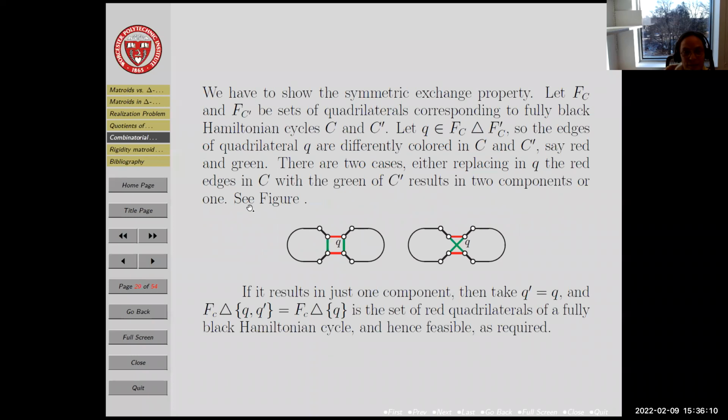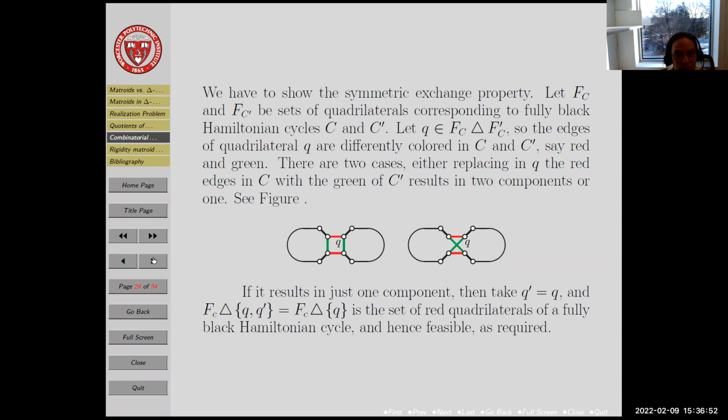So this is the idea, right? We have to just see what the exchange axiom tells us. And what can the situation be that we want to look at, you know, a pair of edges that I can throw out. And I say that, well, if I disconnect my Hamilton cycle by the removal of these 2 green edges, then I can reconnect another way, by just twisting the two edges.